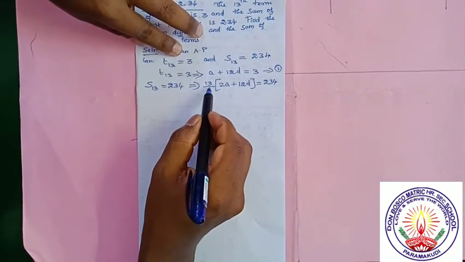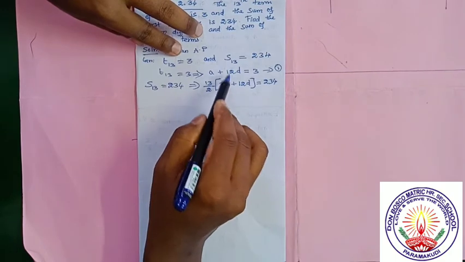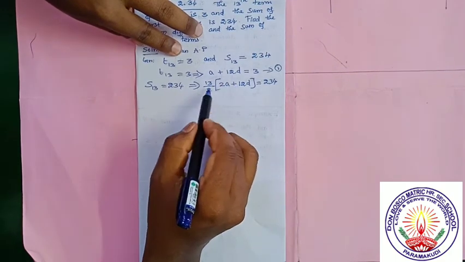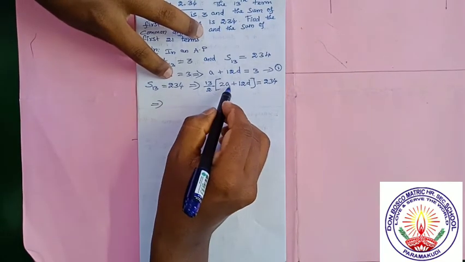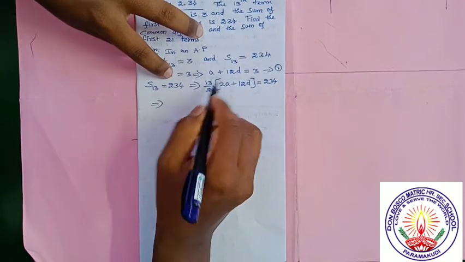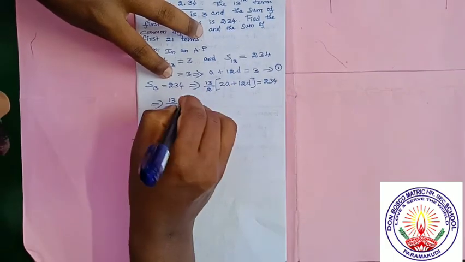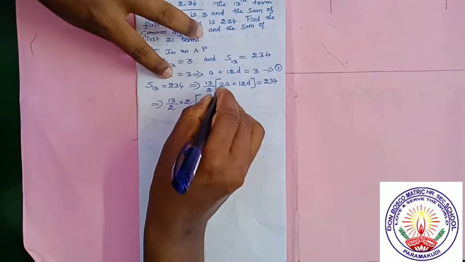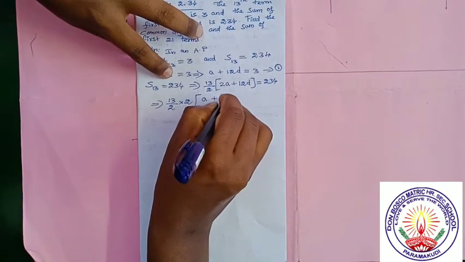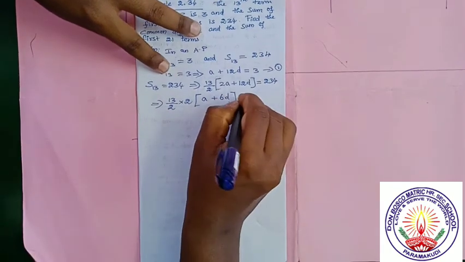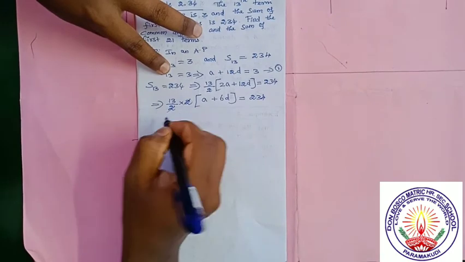Since all the numbers are even numbers, we can take 2 outside. So 13 by 2 into 2, 2A will become A, 12D will become 6D, is equal to 234. Now the 2 cancels.